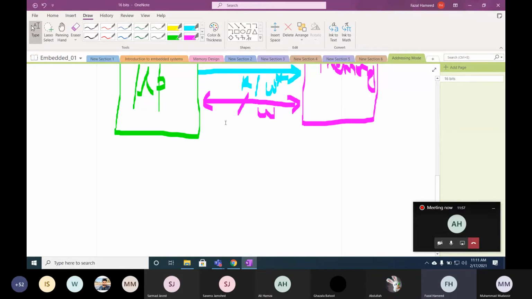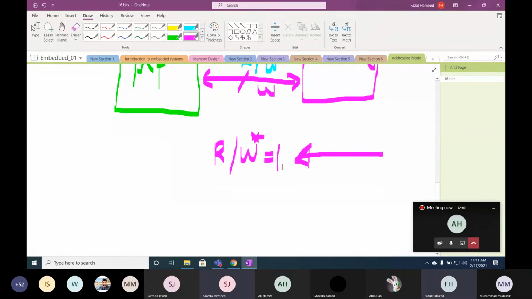So actually, if read write bar is 1, what is the direction? The direction will be from memory or from microprocessor? From memory to microprocessor. And if read write is 0, what will be the direction of data? जी बताइए बेटा.